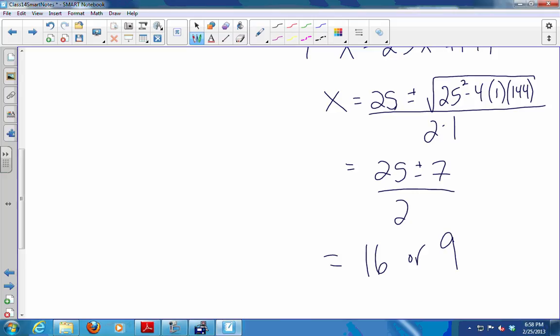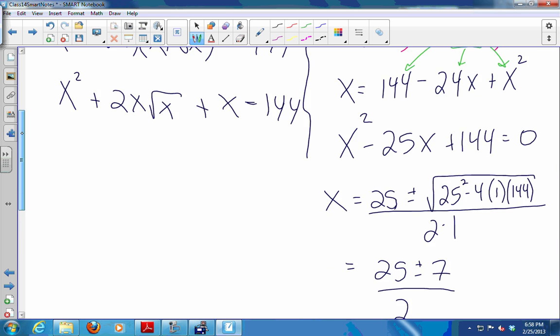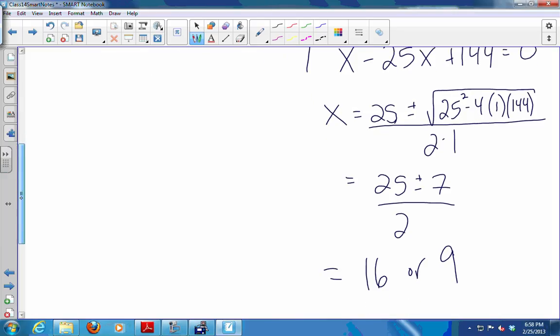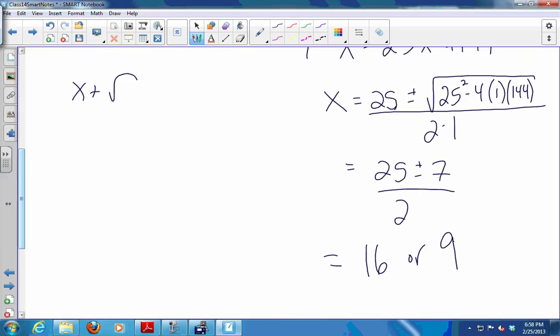So the great thing about solving equations is that when you get an answer, you can always check that it's right. You should never get it wrong when you're trying to solve an equation, or at least you should know it's wrong, right? So let's go back and check. So I have x plus root x equals 12. I'm going to plug in each solution and make sure that they're right.